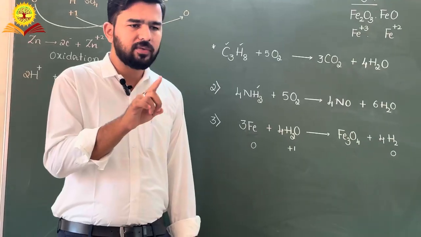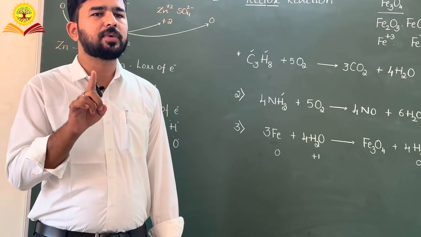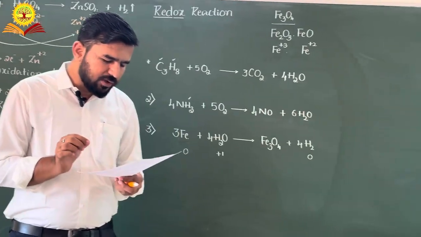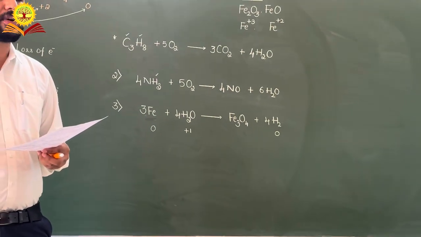Endothermic reactions are the ones in which the enthalpy of the reactants is less than the enthalpy of the products. So in this question, they're asking which of the following reactions are exothermic, involving the liberation of heat.